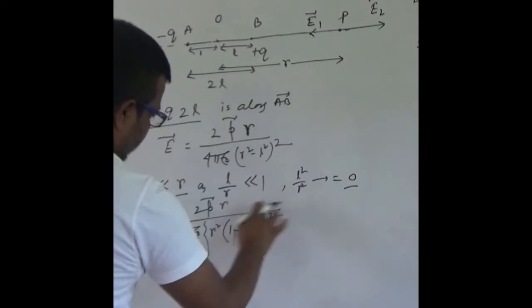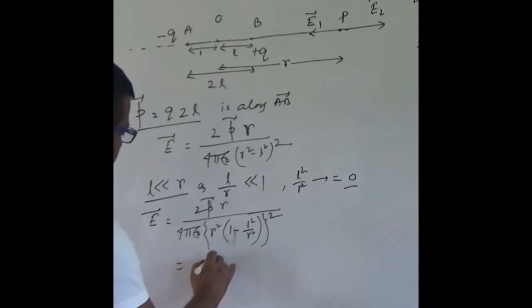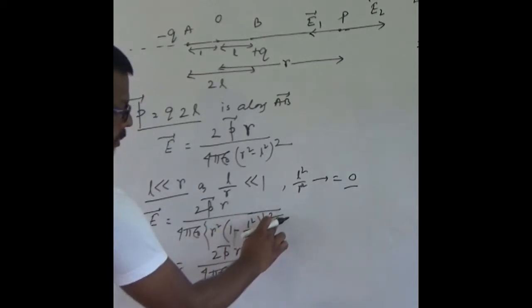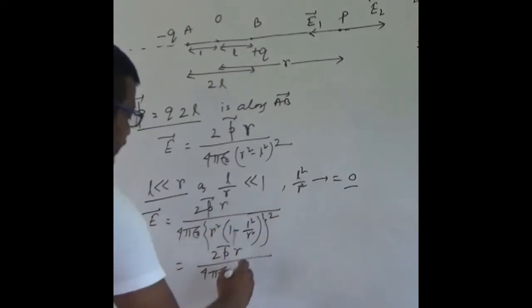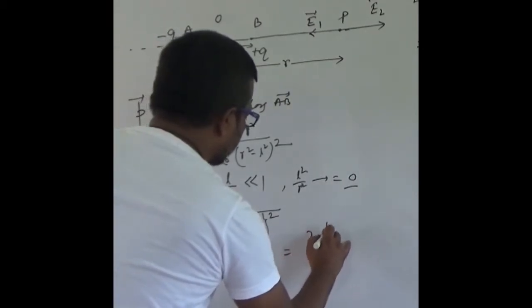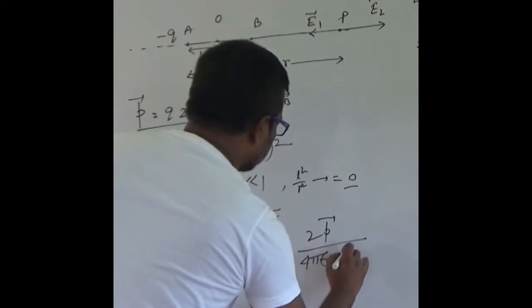Making this approximation, that means L square by R square taken as 0, we can write 2PR divided by 4 pi epsilon naught R square and then again square. Then you can write R to the power 4, or from here you can write 2P divided by 4 pi epsilon naught R cube.